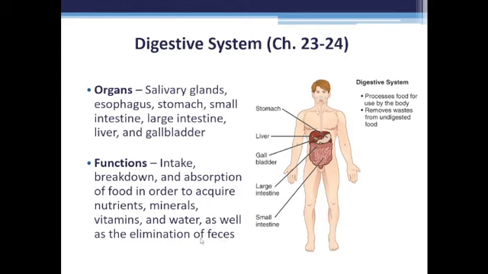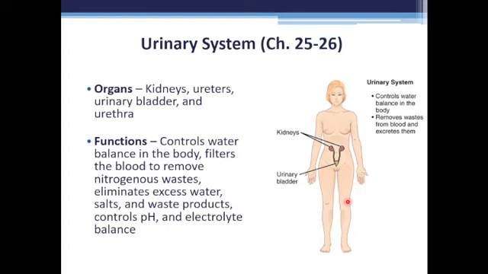Okay, so next, when we have digestive, we also have the system for water, which is the urinary system. This is chapters 25 to 26. The basic organs are the kidneys, urinary bladder, and the urethra.